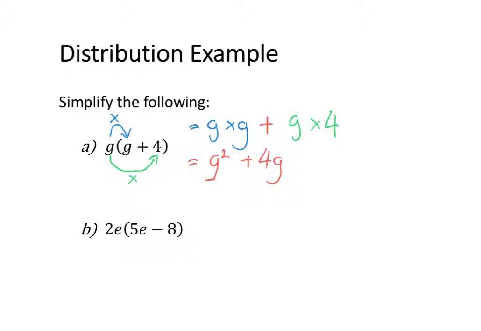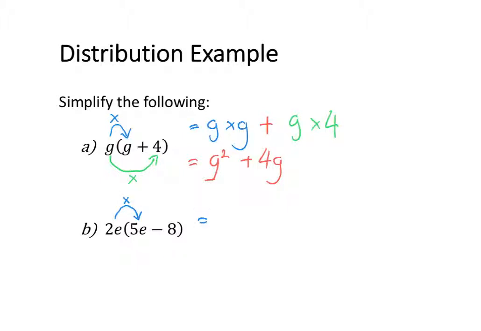Having a look at my second example, I want to distribute 2e into 5e minus 8 inside of my brackets. So the first step is to take my term outside my bracket, my 2e, and multiply it by my first term inside the bracket.